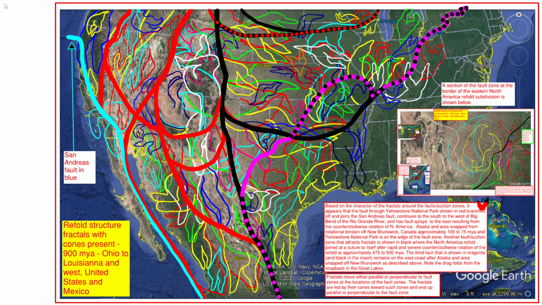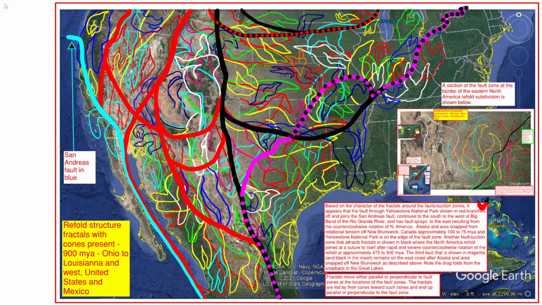Alaska and area snapped off from rotational tension off New Brunswick, Canada, approximately 100 to 75 million years ago, and Yellowstone National Park is on the edge of the fault zone. Another fault suction zone that attracts fractals is shown in black, where the North America refold joined at a suture to itself after rapid and severe counterclockwise rotation of the refold at approximately 475 to 500 million years ago. That's when that severe rotation started, anyway.